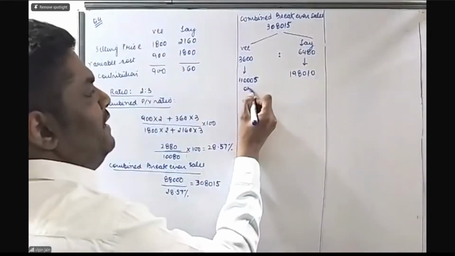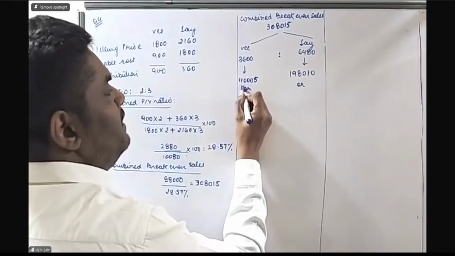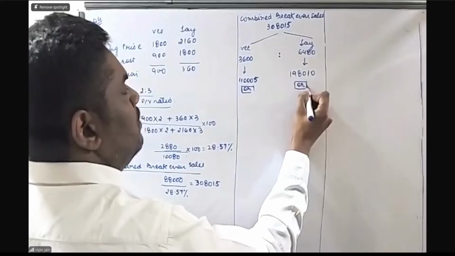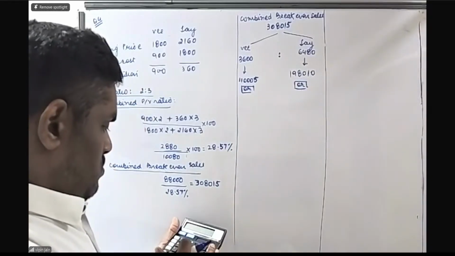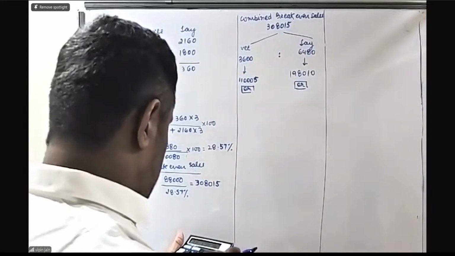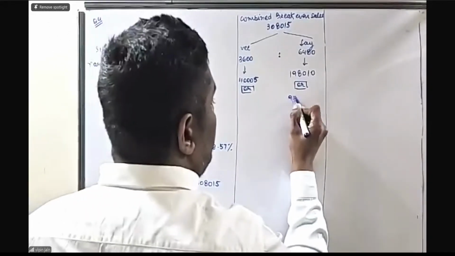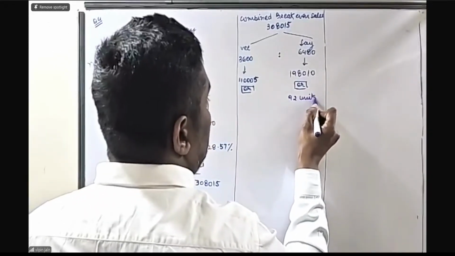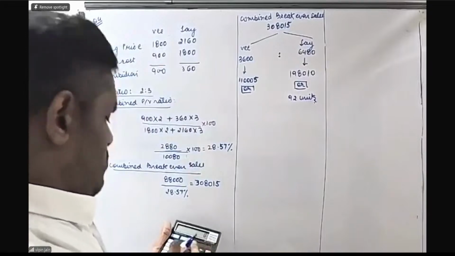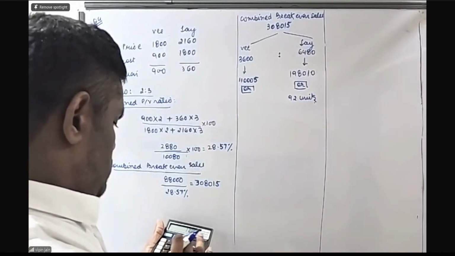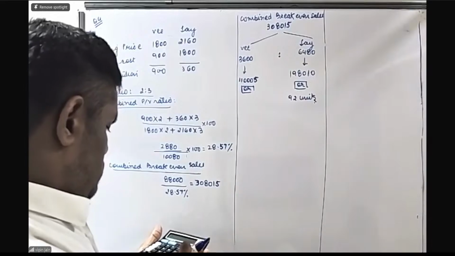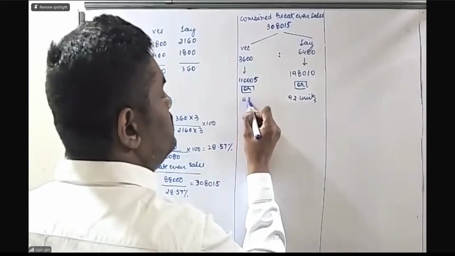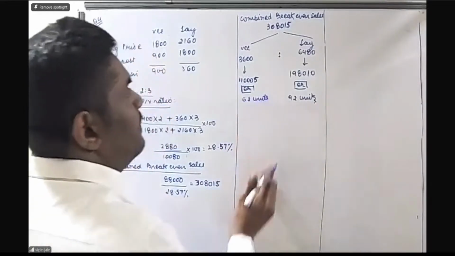Or we can say if we divide it by selling price, we will get the number of units also.